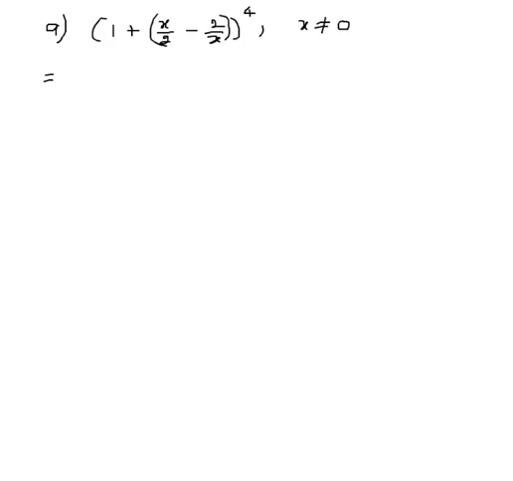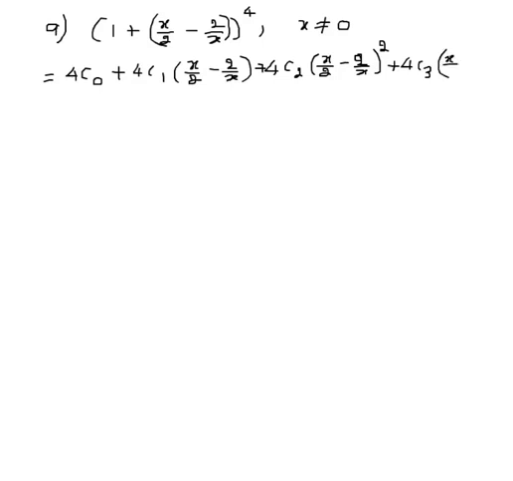Let us write the binomial expansion. 4C0 1 raised to 4 is 1 plus 4C1 (x by 2 minus 2 by x) plus 4C2 (x by 2 minus 2 by x) the whole square plus 4C3 (x by 2 minus 2 by x) the whole cube plus 4C4 (x by 2 minus 2 by x) whole raised to 4.